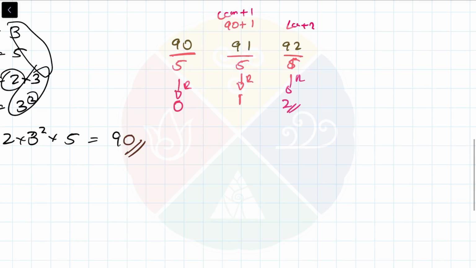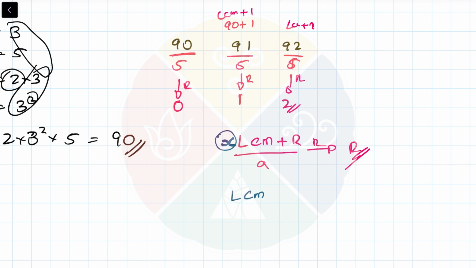So the condition which I just told you is that LCM plus a remainder which is smaller than the smallest value, when divided by these given numbers, will give the remainder R itself. It doesn't stop there. You can even say LCM into X, where X is a natural number, plus R, when divided by these given numbers, gives the remainder R that was added.